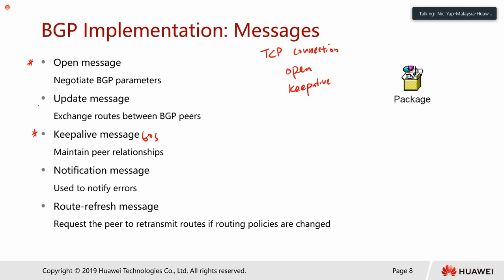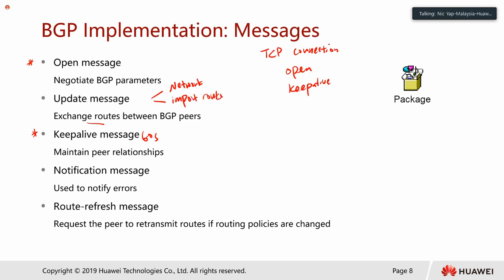The update message is to exchange your routes between BGP peers. Only when you're advertising routes will they send an update message. Otherwise, they will not send an update until you advertise your network into BGP. Do you still remember how many methods of advertising a network into BGP we have? We can use the network command or import route.